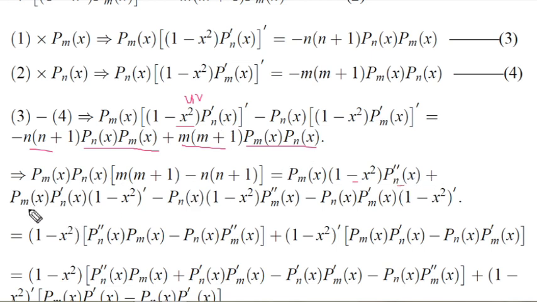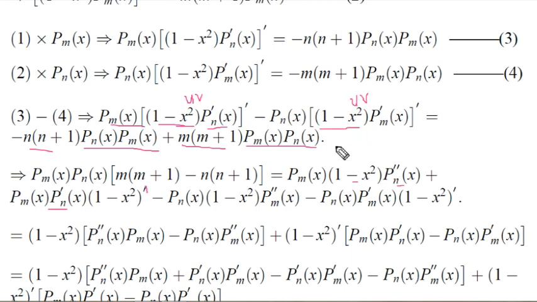The next term, since Pm of x is outside, we multiply both sides, Pm of x into Pm of x. Now keeping Pn dash of x constant, we differentiate 1 minus x square, and we get 1 minus x square whole dash. Then minus Pn of x, which is common outside, so Pn of x into, we also differentiate this in the UV method.